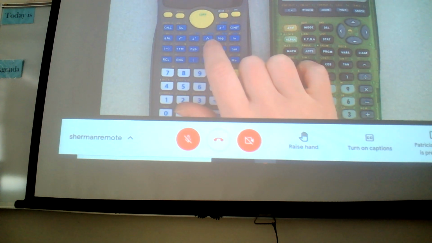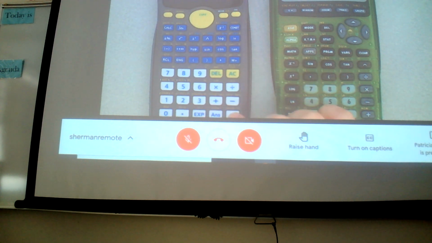I don't know why it's called a caret button, but that's what my teacher called it when I went to high school, so I keep calling it that, and everyone I know calls it that too. It kind of looks like something's being raised to, so that means raised to an exponent of 3. Then it gives you 64.